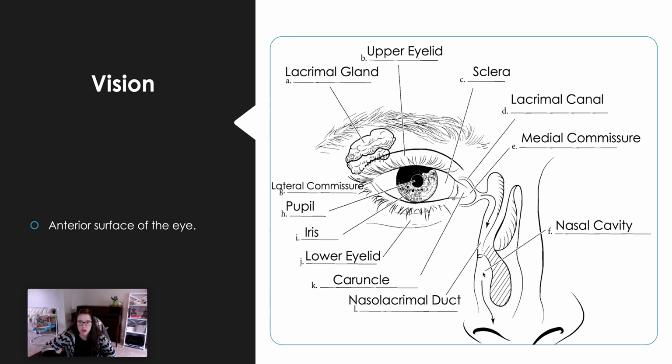So here's our nasolacrimal duct, and normally the water can hit the nasal cavity or those tears and we'll have evaporation. If you're crying, you're going to have an excess amount of tears flooding these canals, which is then going to flood the nasal cavity and cause your nose to run.